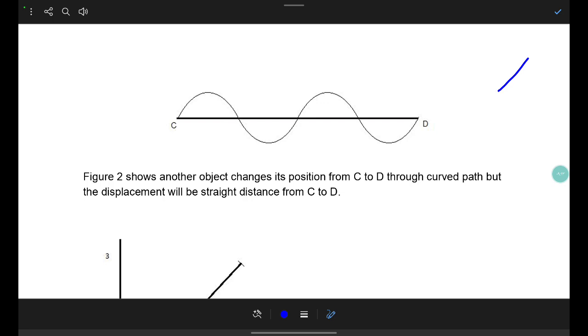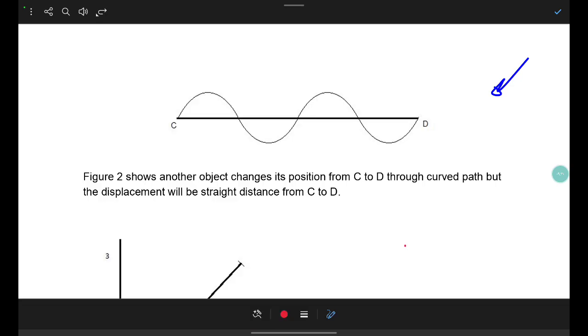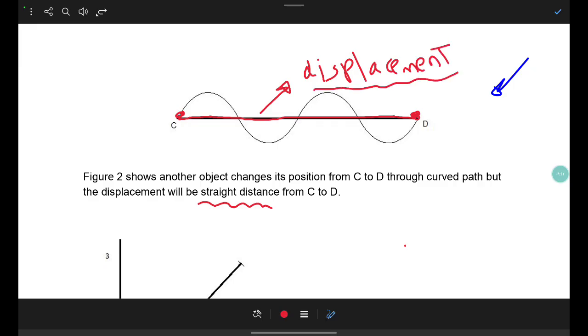Okay, take a look at this example. From C to D, the straight line, or the straight distance, the red line, we will name displacement. Okay, straight line, and always a vector quantity.